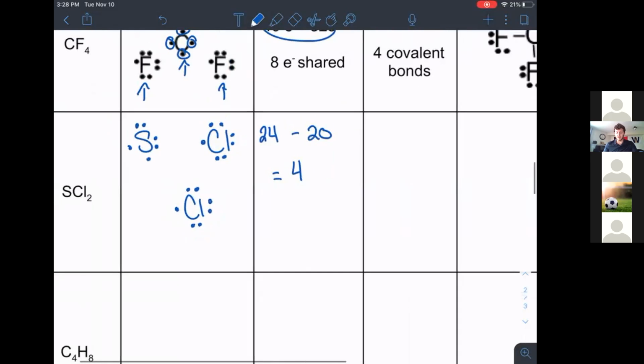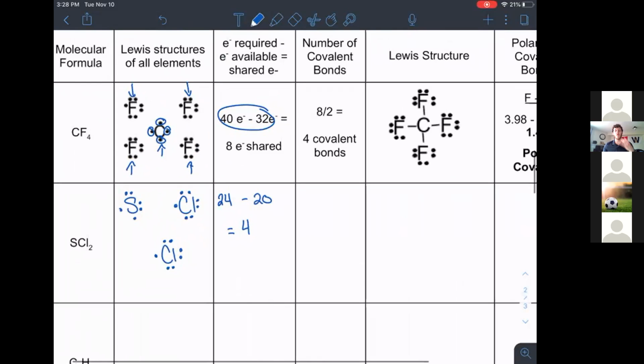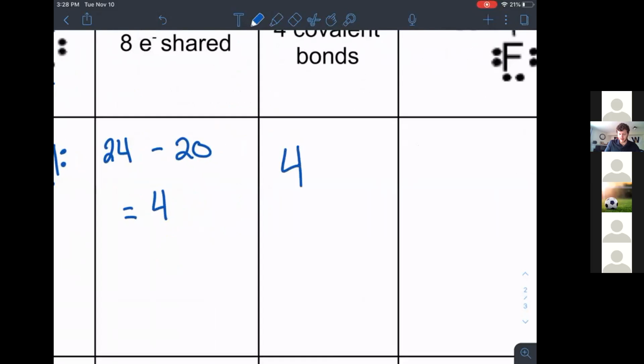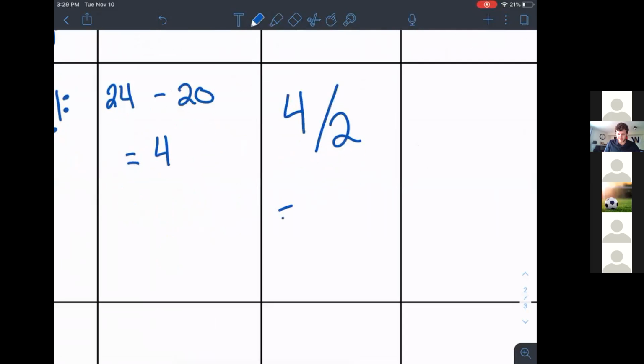All right. Which means that if we need 4 electrons to be shared between our 3 elements, how many bonds do we have to form? 2, because we're going to take our 4 electrons shared divided by 2 electrons per bond, which gives us a total of 2 bonds.